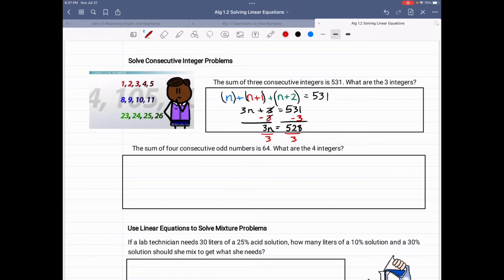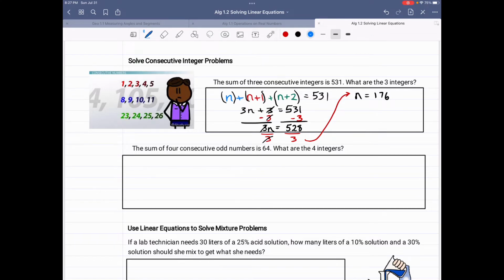And I'm just going to bring this up here to finish solving. These 3's cancel out, leaving us with n equals, let me see, do some division. If you want, you can put that into your calculator. 528 divided by 3. 3 goes into 5 once, 2 remaining, goes into 22, 7 times, 3 goes into 18, 6 times. Check my work there.